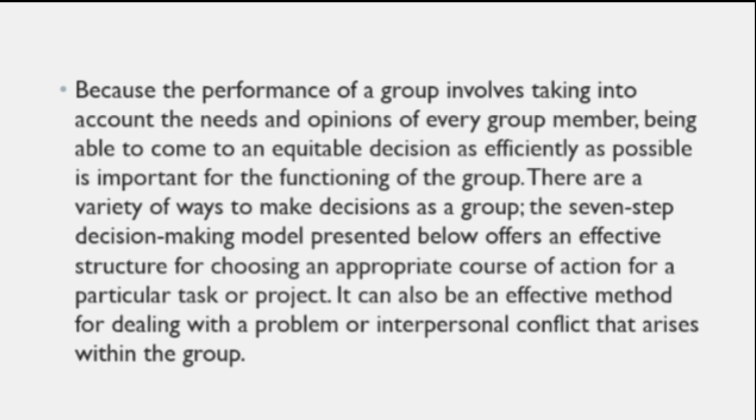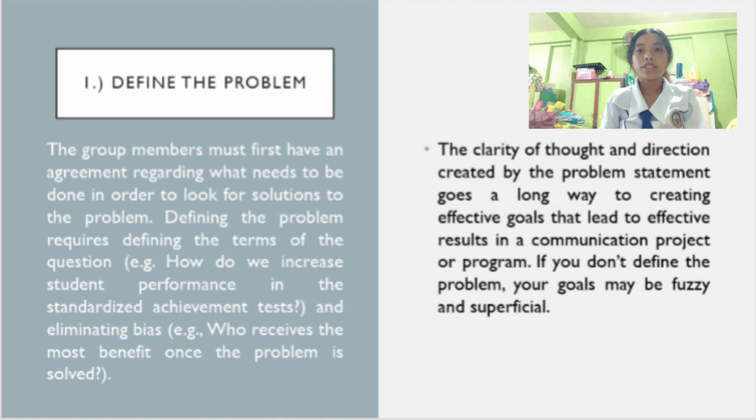The 7-step decision-making model presented below offers an effective structure for choosing an appropriate course of action for a particular task or project. It can also be an effective method for dealing with a problem or interpersonal conflict that arises within the group. Today, we will be tackling defining a problem in a group discussion.